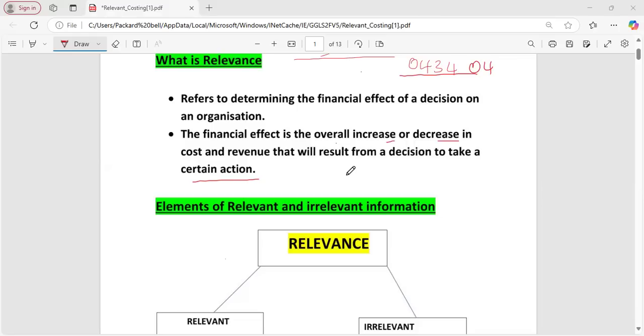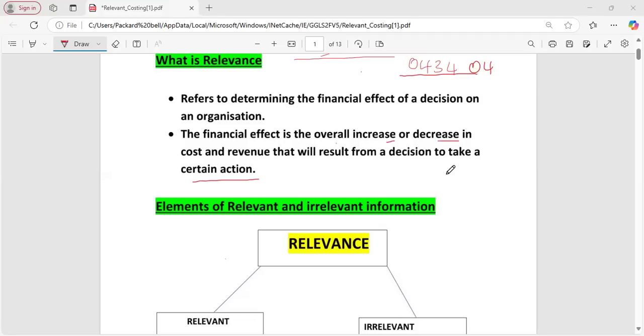If something is a cost that will be met, whether a decision is taken or not, that is not relevant in your decision making, because even if you don't take the decision, it's still going to be met.